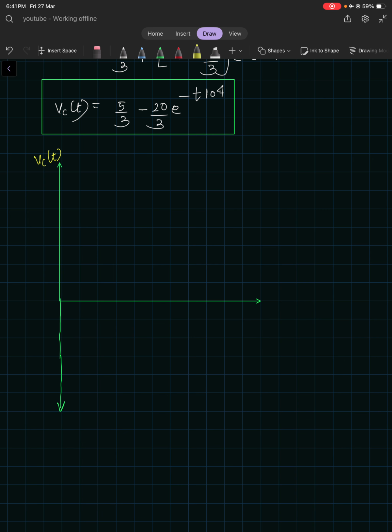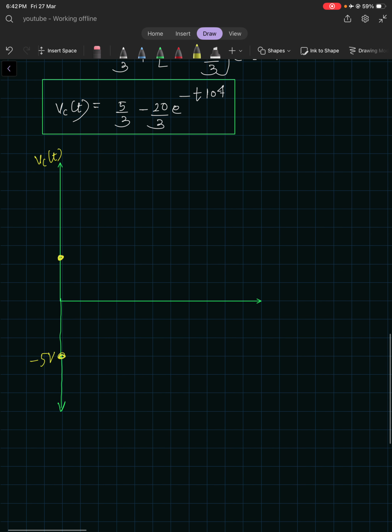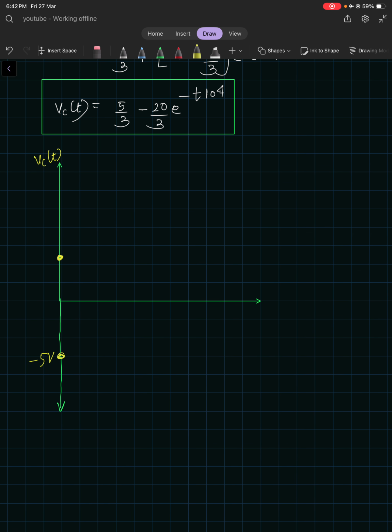Initially it was minus 5 volts. In the steady state it was 5 by 3, something here. Please forgive me, I'm not drawing to scale, but the value is more important. My drawing is not that good. This is 5 by 3, positive.